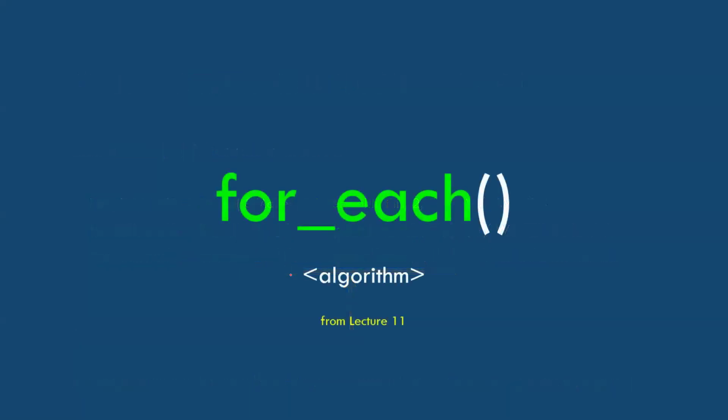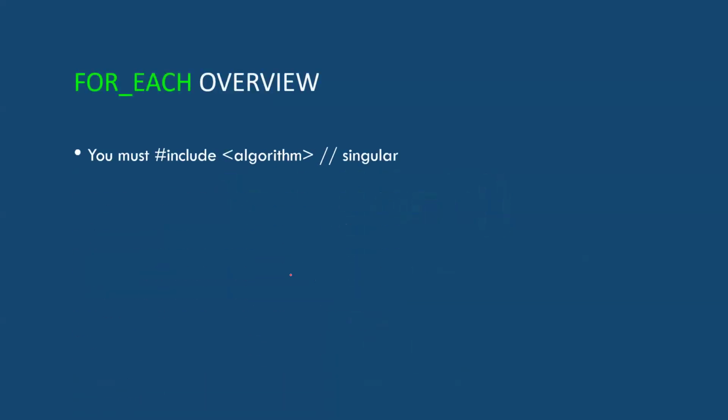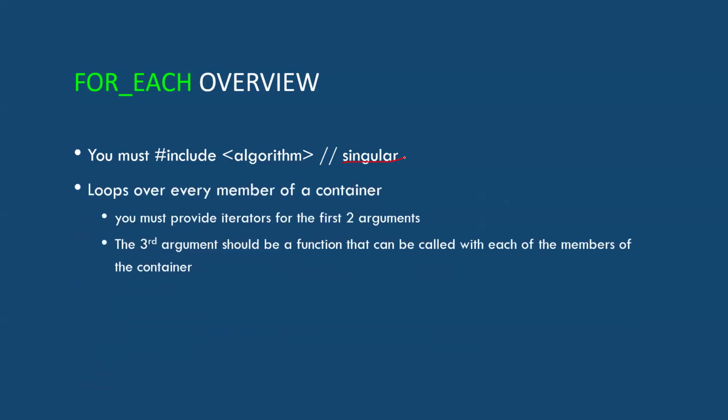Let's take a look at the for each. We mentioned it briefly in lecture 11. We have to include the algorithm library, singular. I always add an S and then I get a compiler error: algorithm.